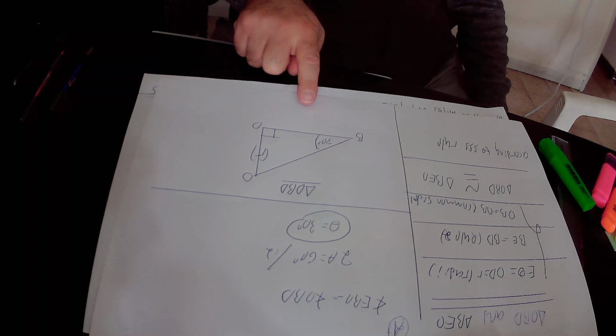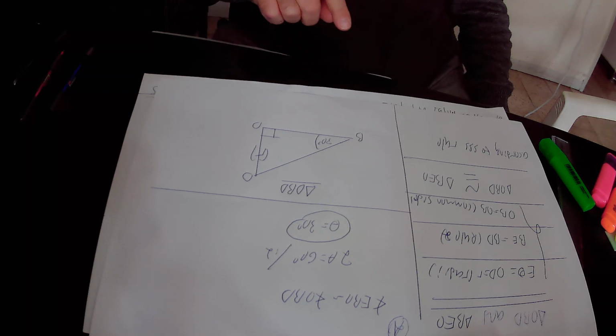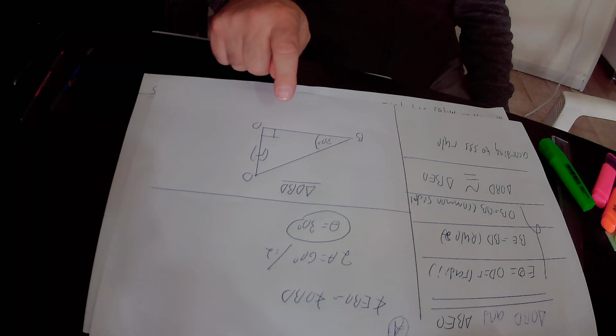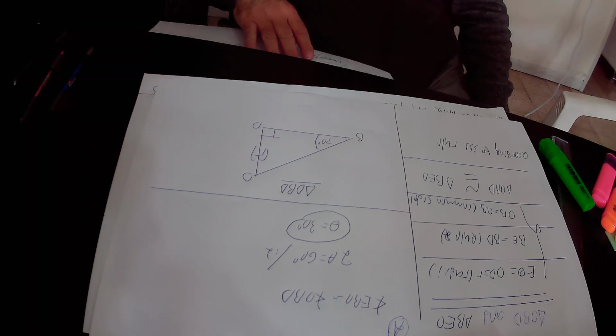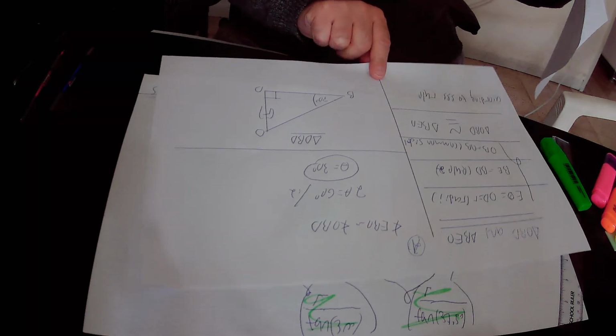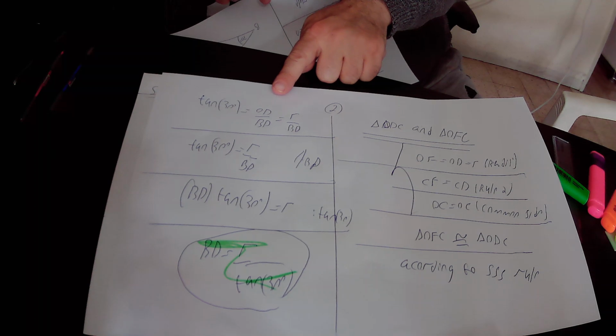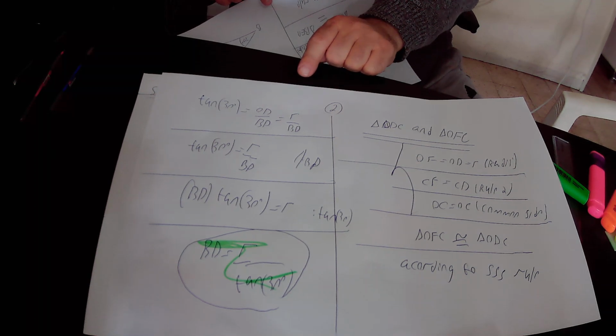In the right triangle OBD, sine 30 degrees equals OD over OB.